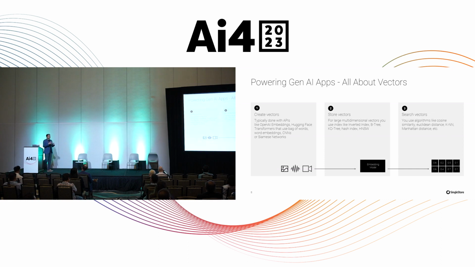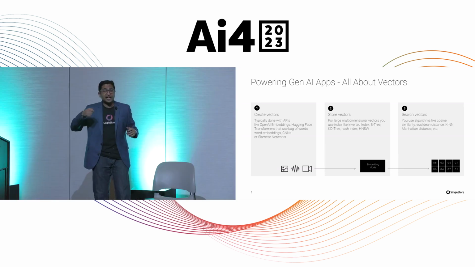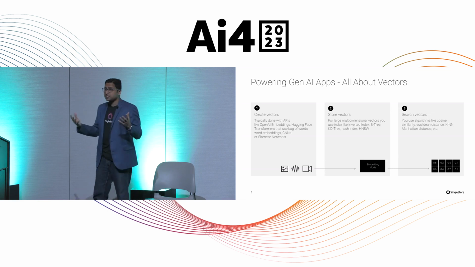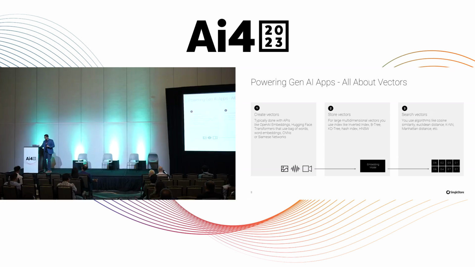Once you store them, the way you power Gen AI applications is through vector search. And the way that you do vector search today is using algorithms such as cosine similarity or Euclidean distance. Those are different algorithms that you use to see how close or how far apart two vector embeddings are, so that you can now generate the next text or the next closest image that matches those vector embeddings, okay?